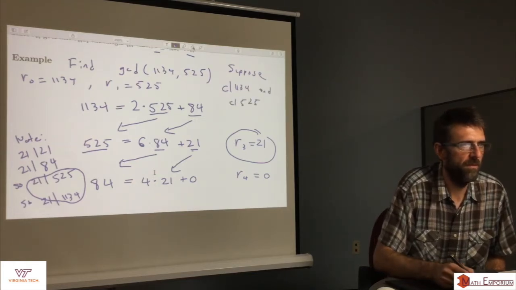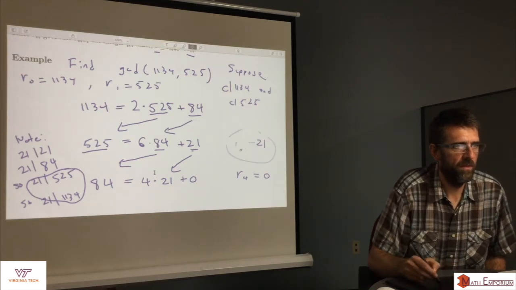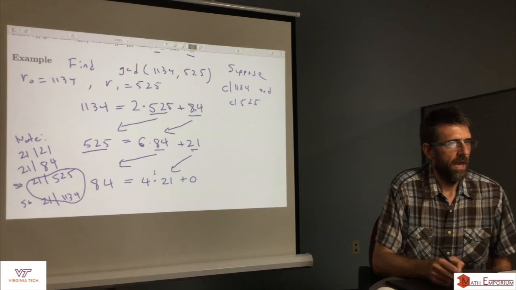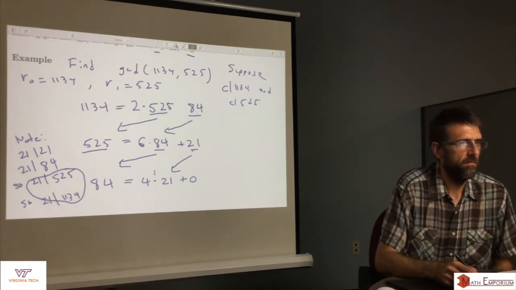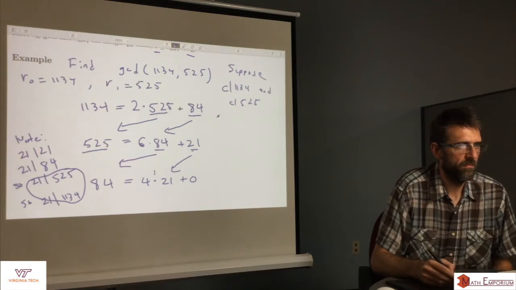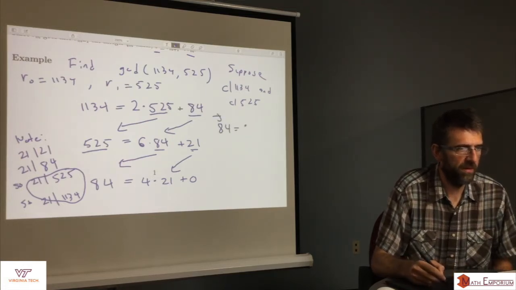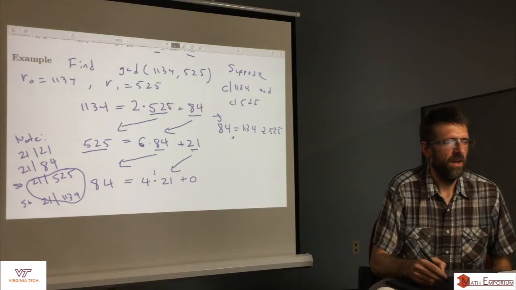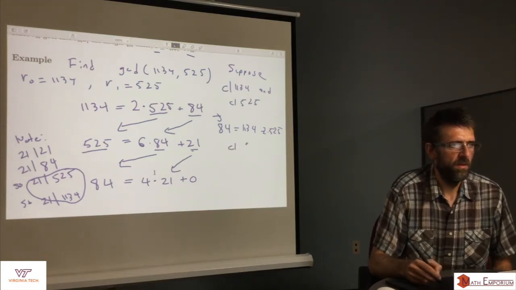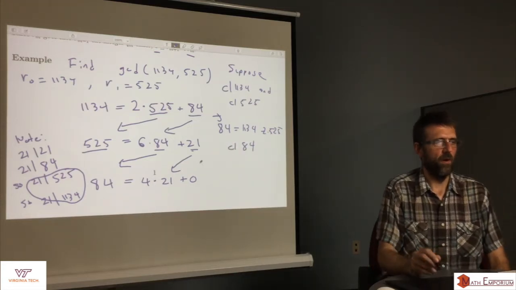So C divides both 1134 and 525. Well, I could rearrange this equation here and get 84 as a linear combination of those two inputs. And so C also divides 84.